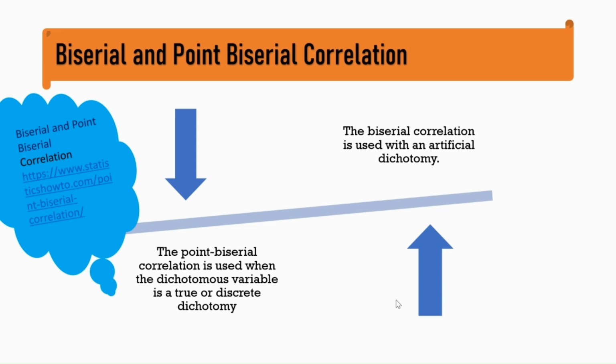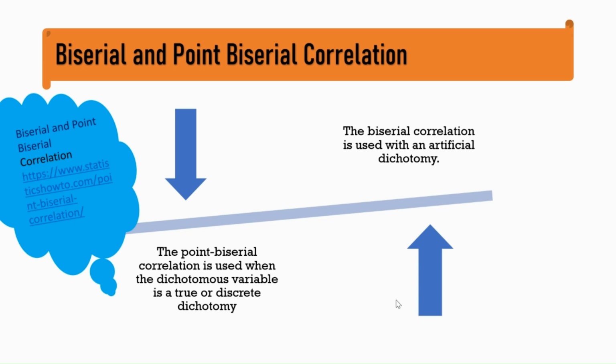Now we come to the biserial and point biserial correlation. If the dichotomy is of a natural type, then point biserial is used. But if we artificially made the dichotomy based on some criterion, then biserial correlation should be used.